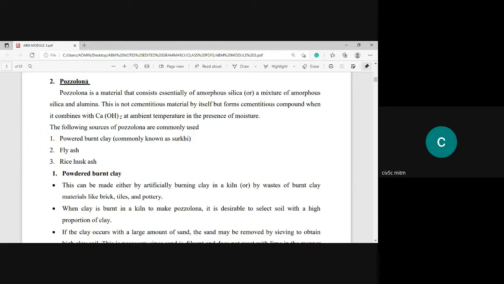If I mix pozzolana and water to prepare a paste, it will not act as a binder. It doesn't have the calcium property to bind. Hence, the pozzolana becomes a cementitious compound when it combines with calcium hydroxide at a suitable temperature in the presence of moisture. That is the definition of pozzolana.